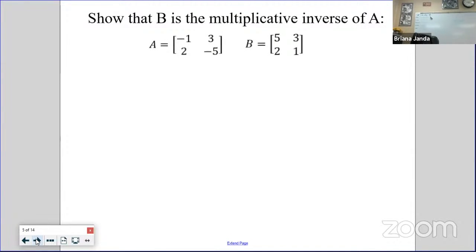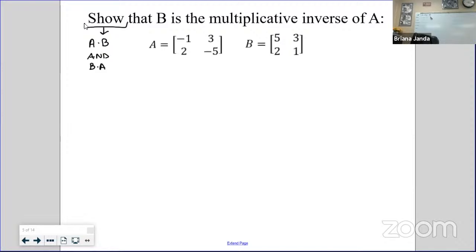The other way will be just finding inverses. But first of all, it's asking to show that B is the multiplicative inverse of A. When it says to show that, you must do A times B and B times A. You actually have to show the multiplication.